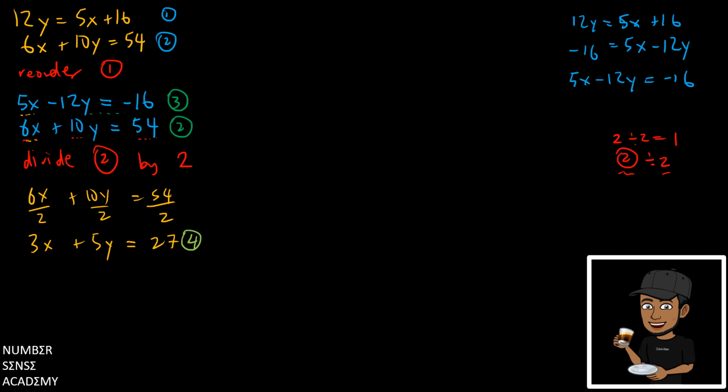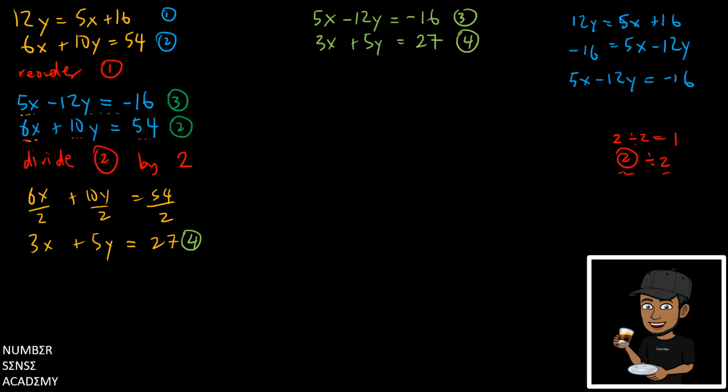Okay. Now I'm going to keep my notes together. So I'm going to have 5x minus 12y equals negative 16, and then I have 3x plus 5y equals 27. I know that this is equation 3 and this is equation 4.